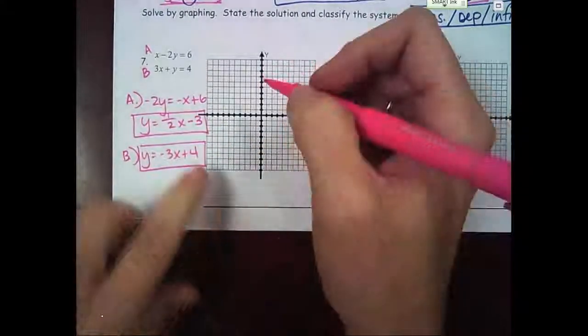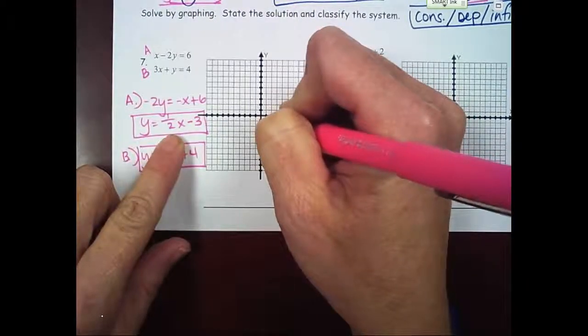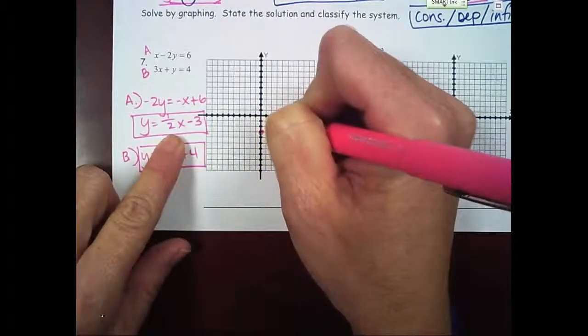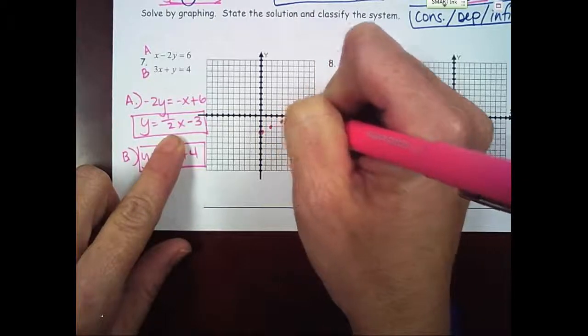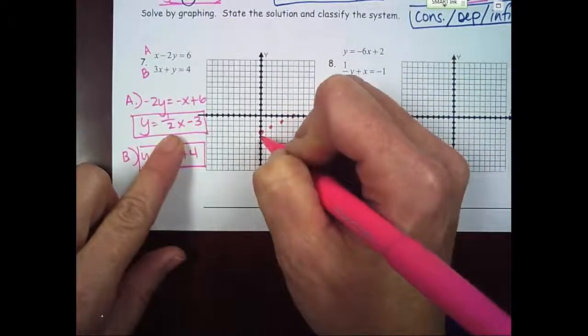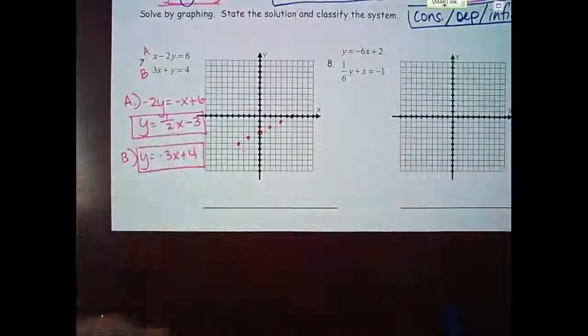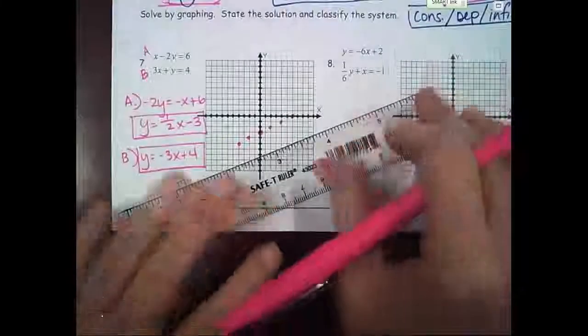When you graph them, you're going to start at -3, and your slope is 1, 2. Be sure your line is really accurate, because when you're solving by graphing, that's the thing. You're looking for a point of intersection.